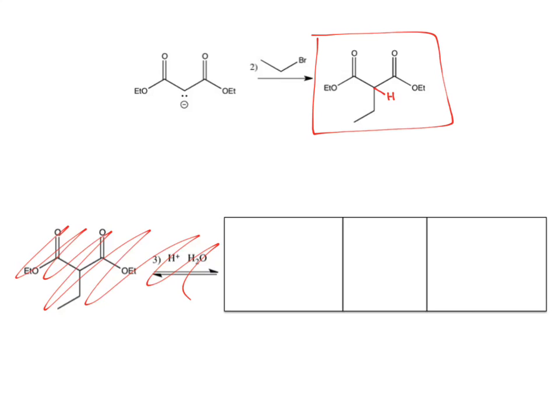Okay? Why is that hydrogen acidic? Electronegative oxygen's full. I'm not quite sure I like the electronegative oxygen option. I mean, it's sort of true. It is resonance stabilization of the conjugate base.